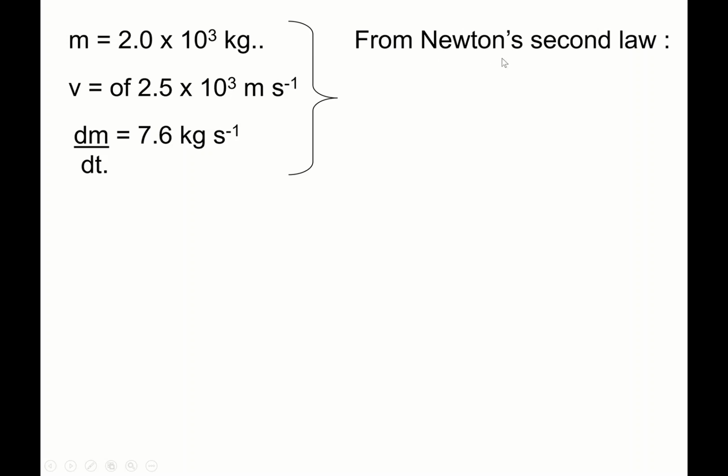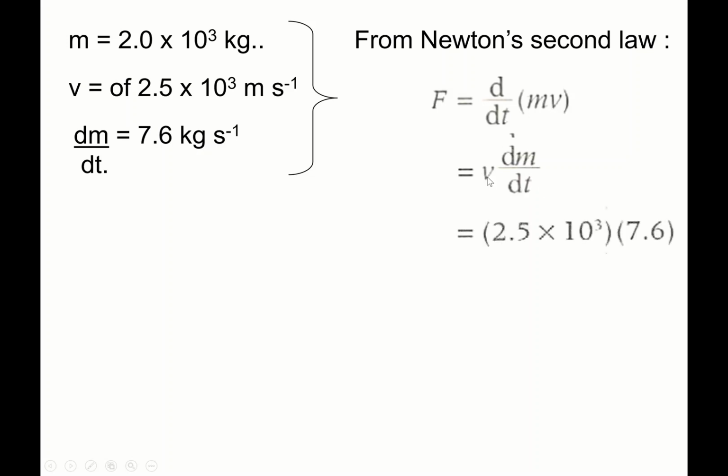From Newton's second law, resultant force is directly proportional to the rate of change of momentum. Momentum is mass times velocity. Because v is constant, we can bring the v in front, leaving dm by dt at the back, where dm by dt is the rate of change of mass.